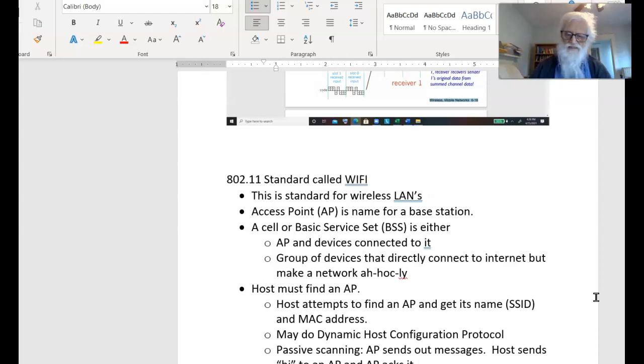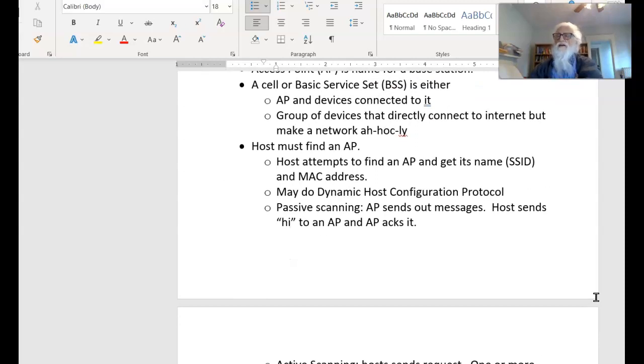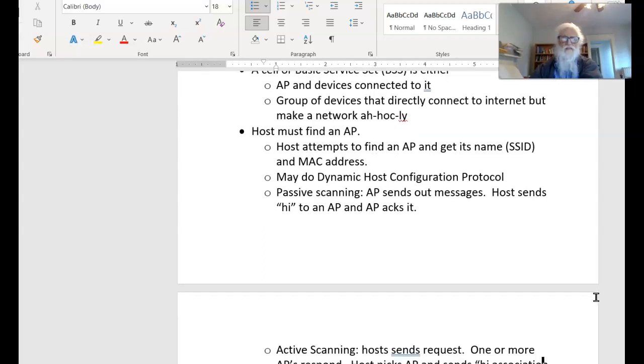Two possibilities. Passive scanning: the access point sends out messages. The host, when it gets one of these messages, sends a hi to one of the APs, and the AP acks it. And therefore, they're connected.